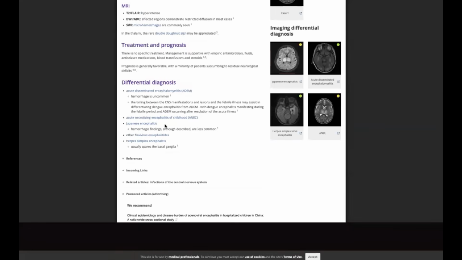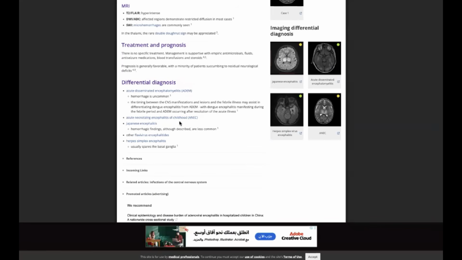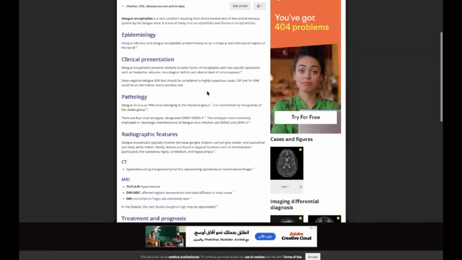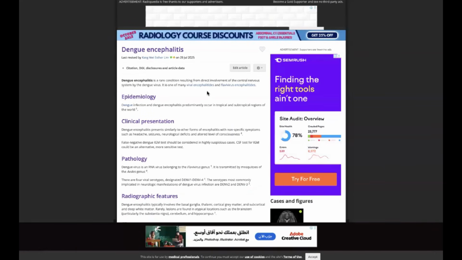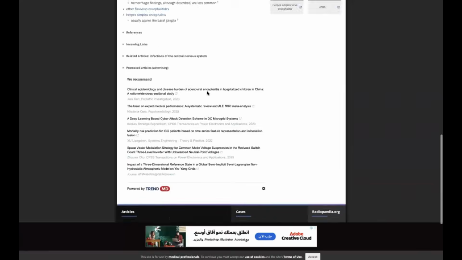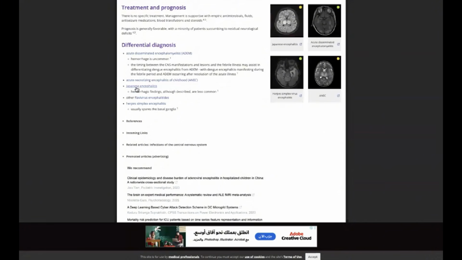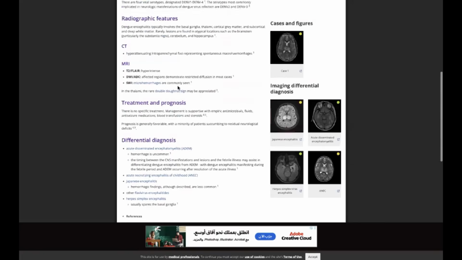Number one, Japanese encephalitis. Number two, necrotizing encephalitis. Number three, ADEM, but ADEM is not commonly associated with hemorrhage. So if you at least tell the examiner it is a hemorrhagic encephalitis and give him the three common differential diagnoses, Japanese encephalitis, necrotizing encephalitis, or dengue fever, he will be very happy.